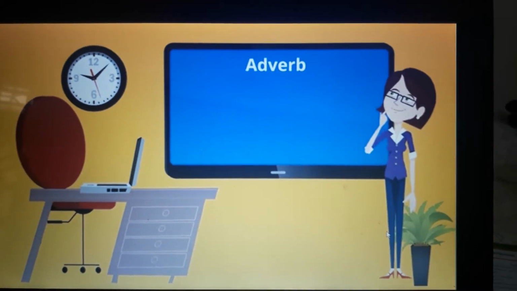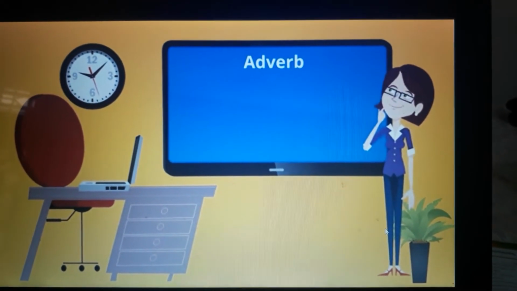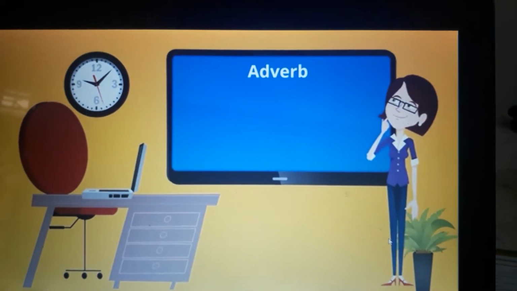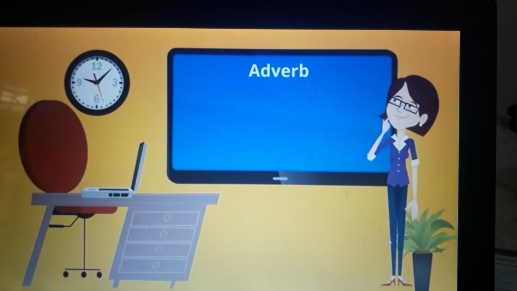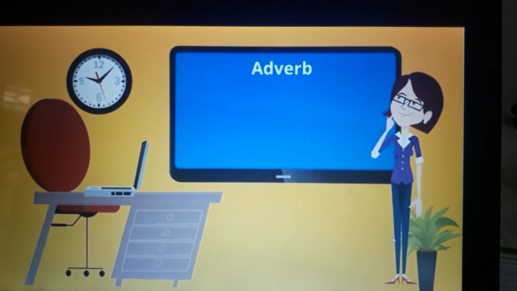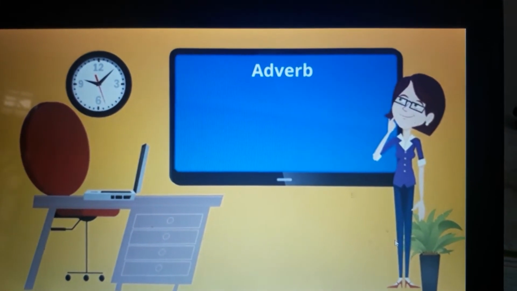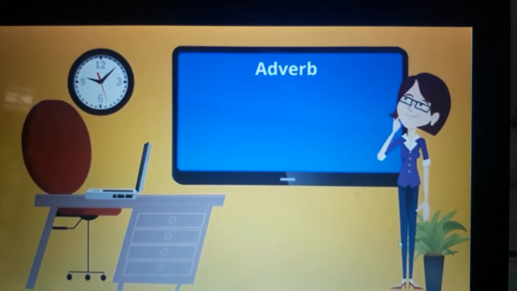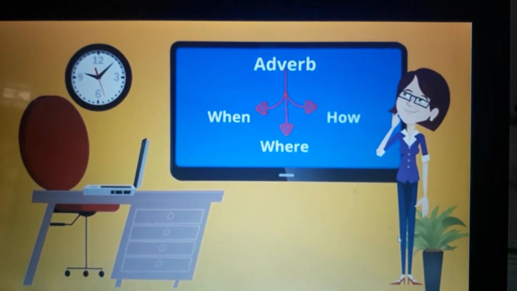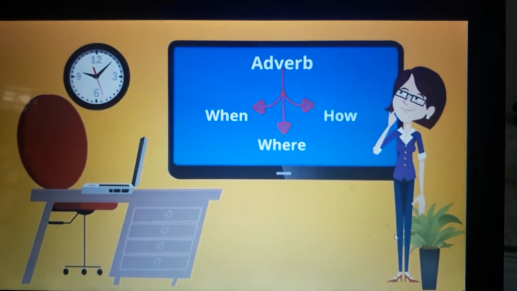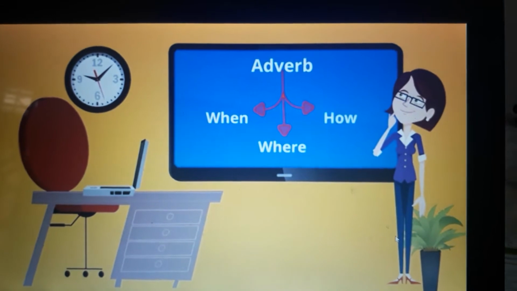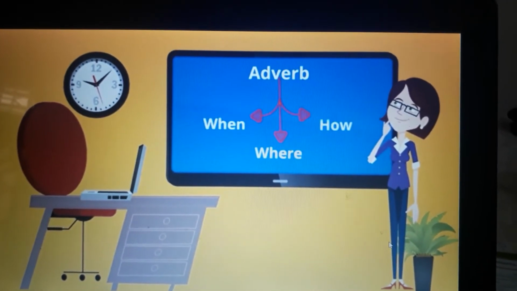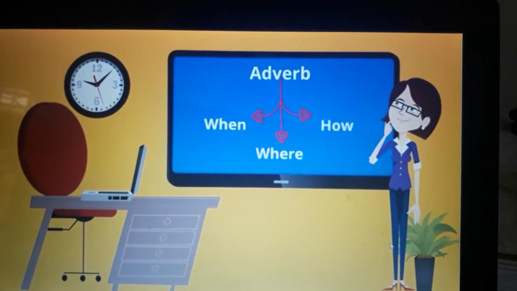So what is an adverb? First of all, it's a part of speech, one of the 8 parts of speech, and it will always tell you more about a verb or any other adverb. An adverb will tell you when something happened, where something happened, or how something happened.